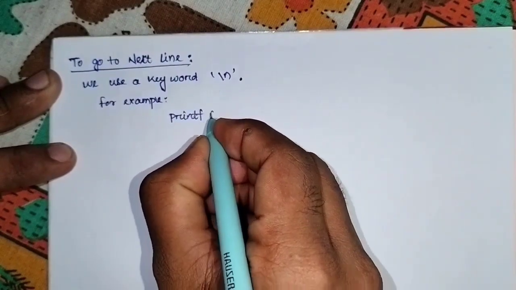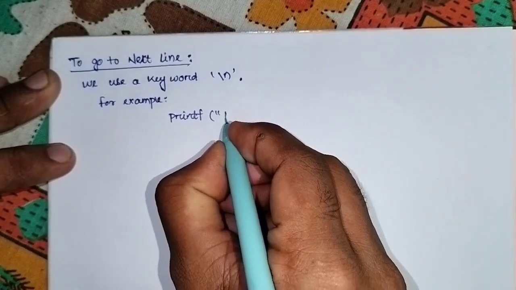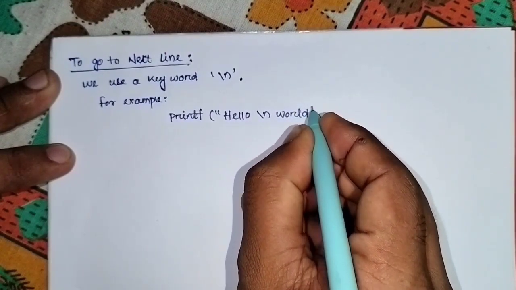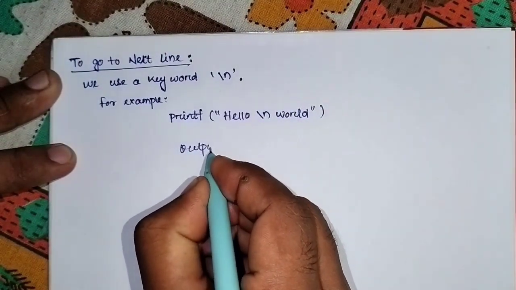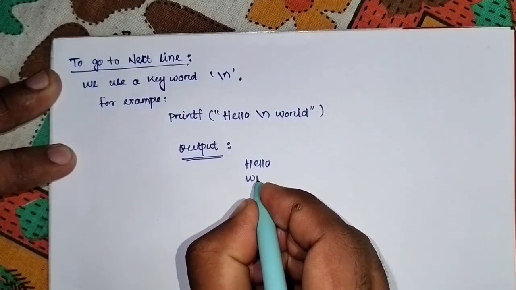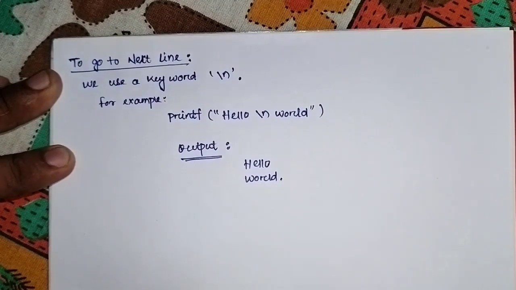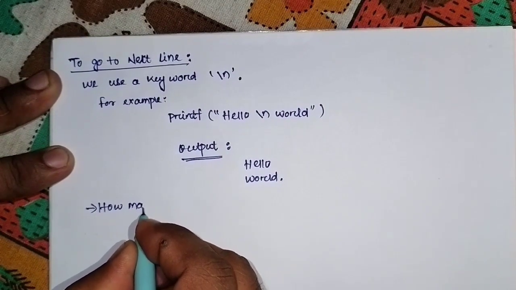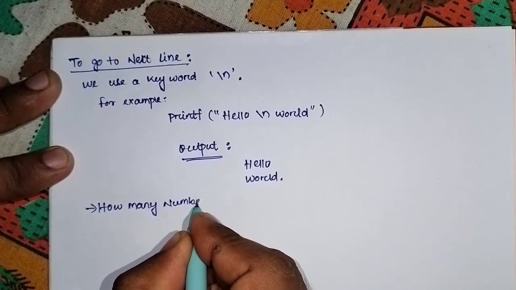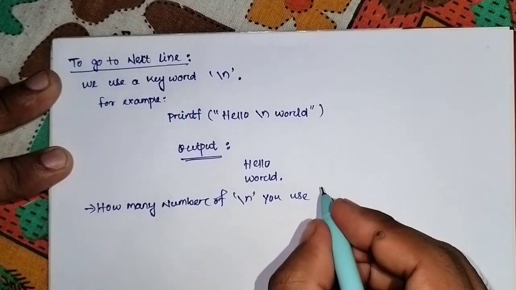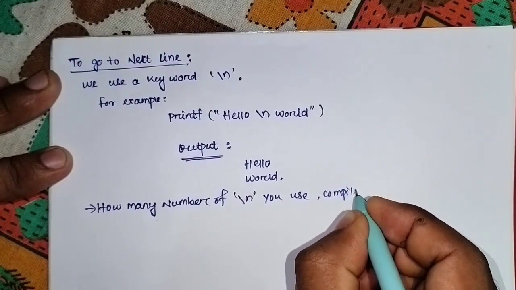It is an escape sequence which is used to go to the next line. For example, if I write printf hello \n world, then it will give us the output as hello world. You may check it on the code editor. You have to remember one thing: however many \n you use, the compiler will go that number of next lines.